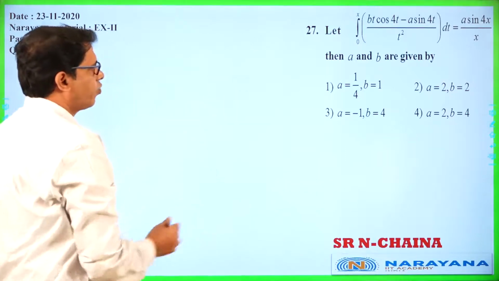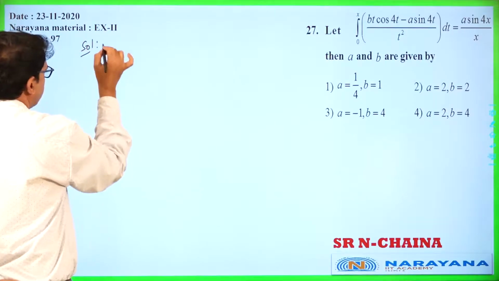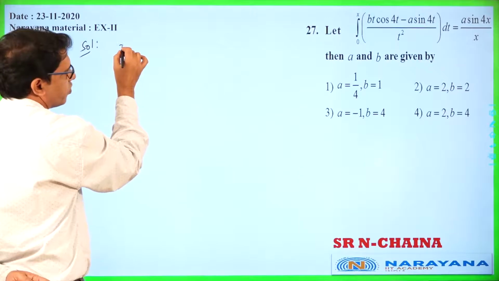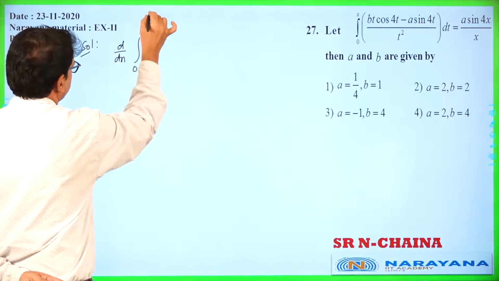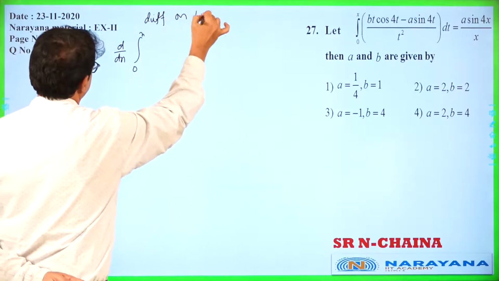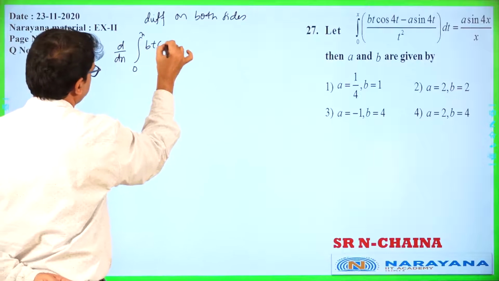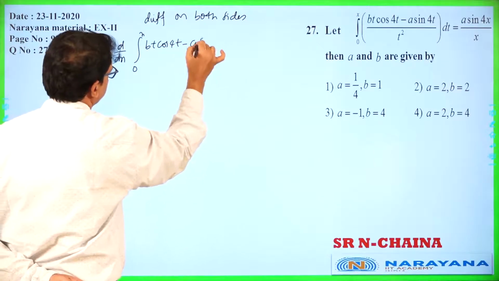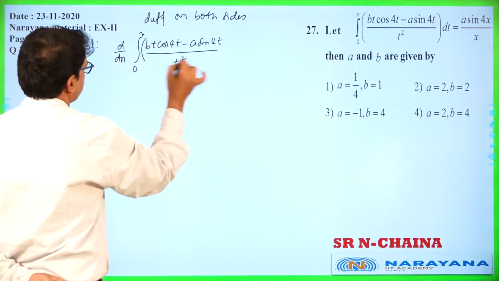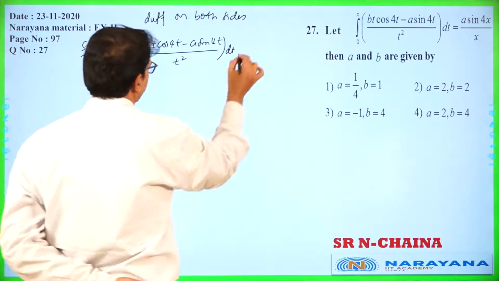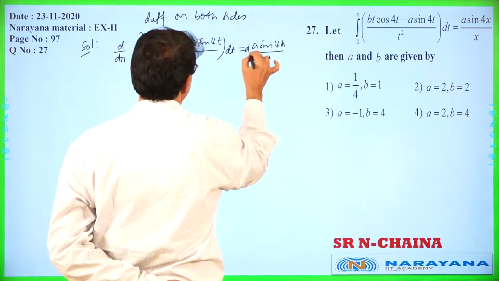So differentiating on both sides, what is given? d by dx of integral 0 to x of (bt cos 4t minus a sin 4t) upon t square dt equals d by dx of a sin 4x upon x.